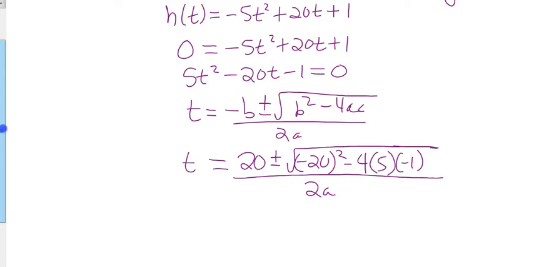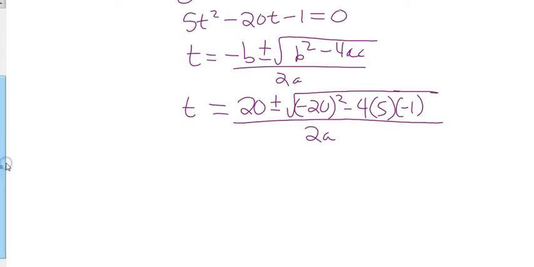One is, does this have real roots? Well, it ought to, because the scenario makes sense and the parabola opens down. We know that b squared is always positive.